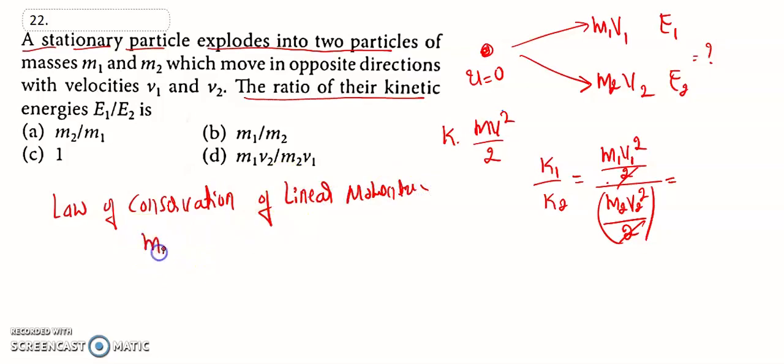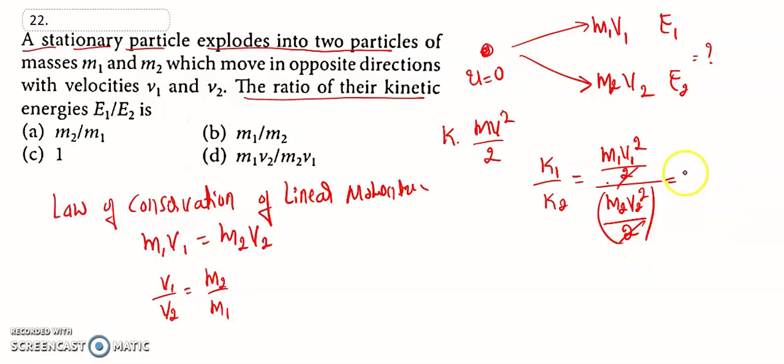Linear momentum, that is m1 v1 is equal to what? m2 v2. So this becomes, ಏನಾಗುತ್ತೆ, v1 by v2 is equal to m2 divided by what? m1.